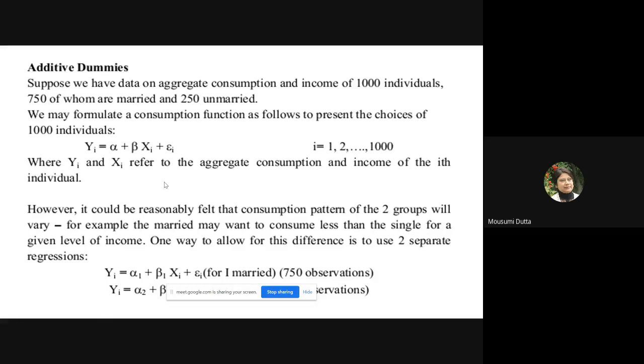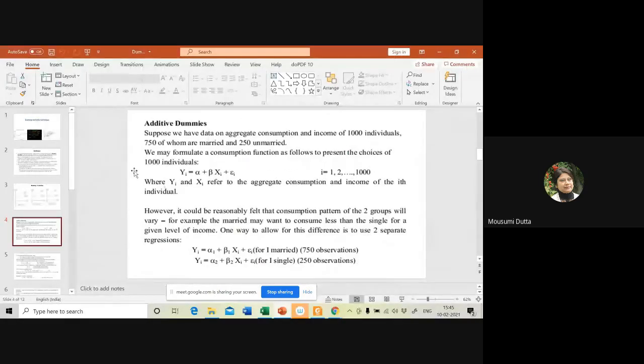Then one may suggest that we can go for two separate regressions. That is, we will run a regression yi is equal to alpha 1 plus beta 1 xi plus epsilon i for 750 observations, and now you will be able to do it using Stata command.